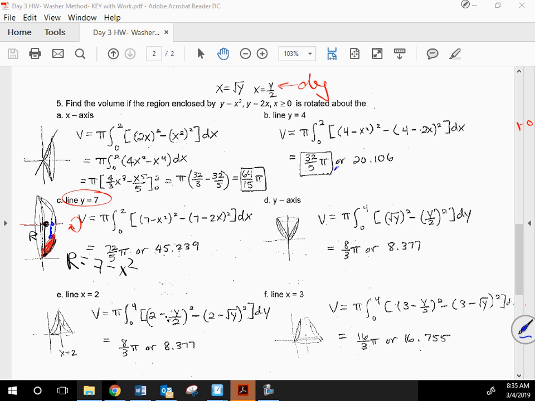So again, top minus bottom for this would be 7 minus my bottom function here, which was 2x. Does that make sense? Okay. So this is my radius that goes here, but you have to make sure you square that. Remember, it's pi r squared. And this is my radius that goes here; make sure you square that. So we have our big R squared and little r squared.